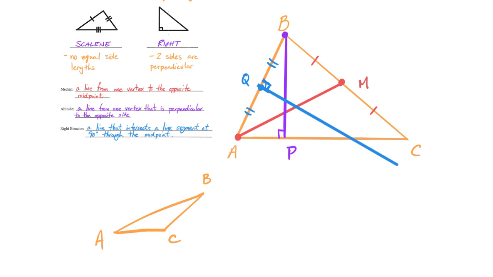The only way that I can go from B and hit anywhere near a right angle is to go outside the triangle. If I drop straight down and I extend side AC, then I actually hit at a right angle.